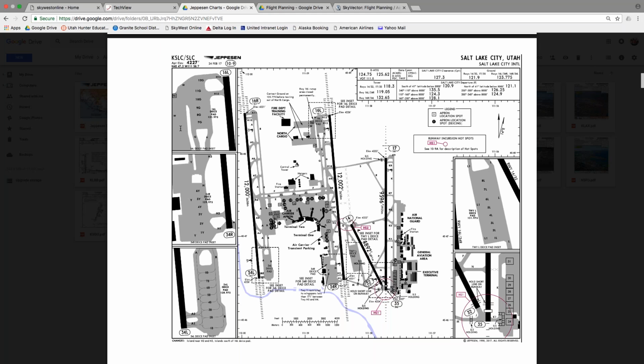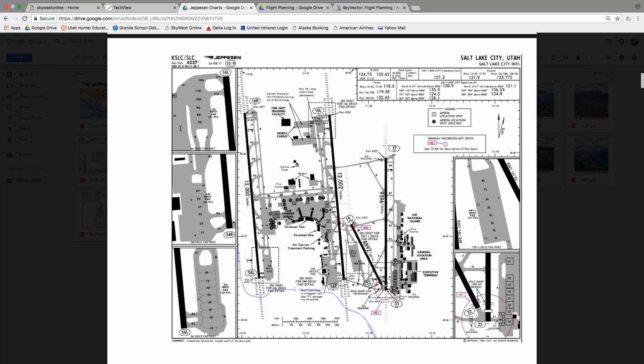Now when we look at our windsock or winds, when it's reporting 170 at 10 knots, what direction is our wind going? From what direction to what direction? It's coming from the south, not quite south, from 170, so it's blowing to the north, 350.